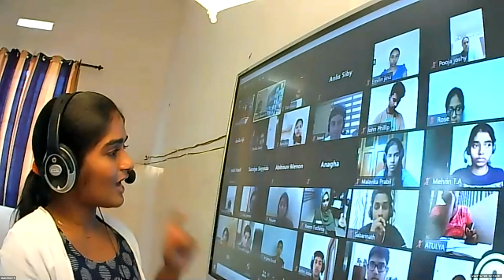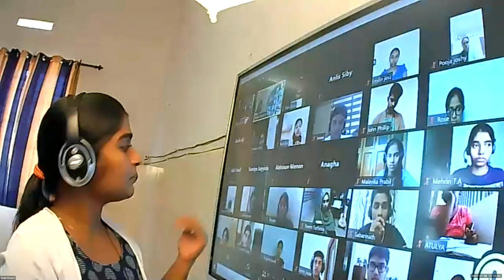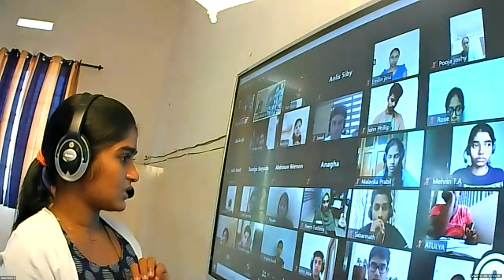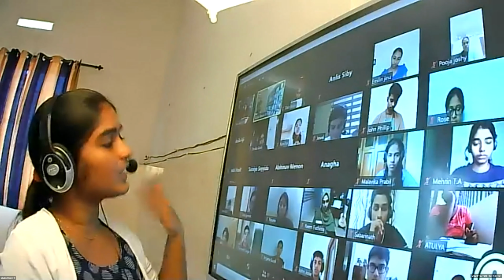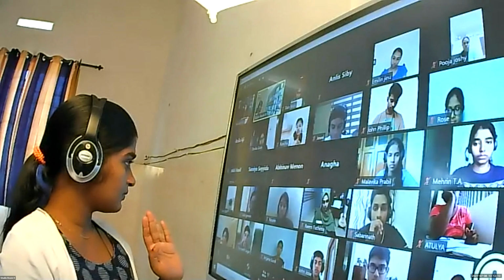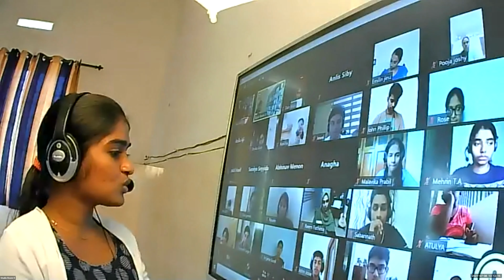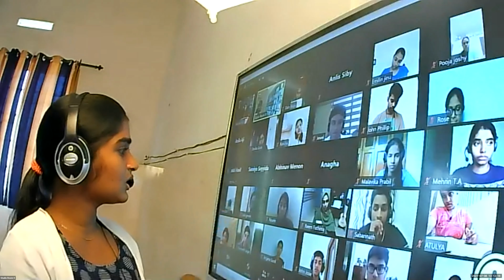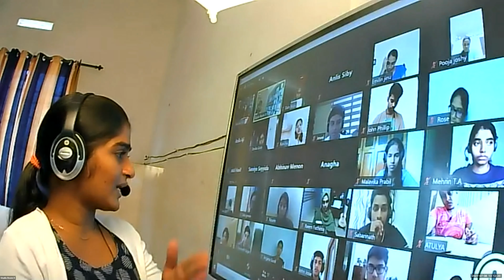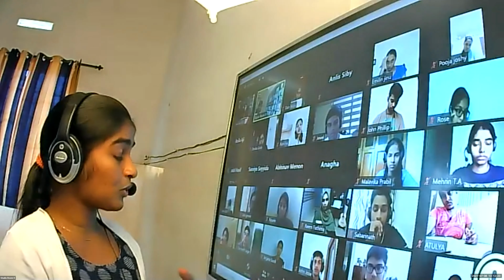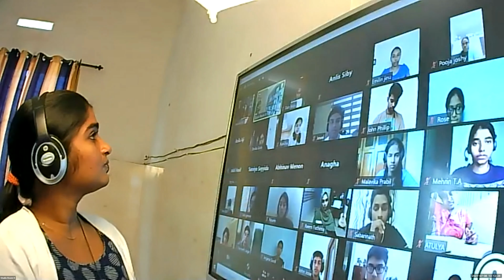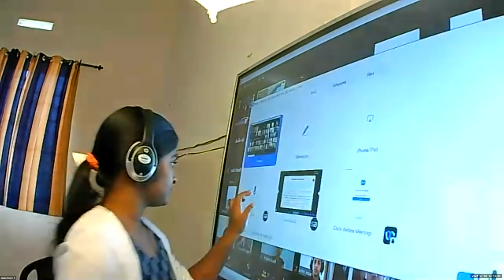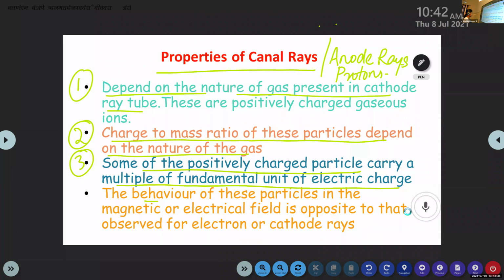So the value for such elements is a multiple of this unit of electric charge: 1 into, then 2 into, 3 into, like that. It will increase, that's it. If only one proton is there, we can use the same value. If 2 protons are there, we will use the multiple, 2 into that number. If three protons are there, 3 into that number, like that. That's it. This is clear now? Yes. Okay, so this is the third property of canal rays.